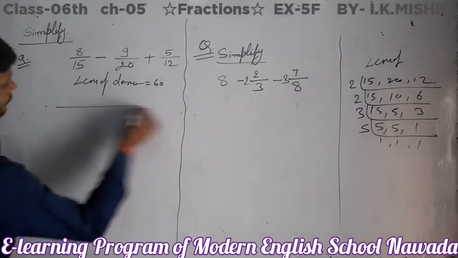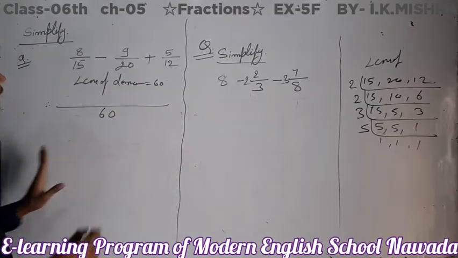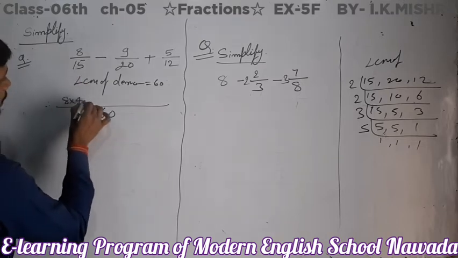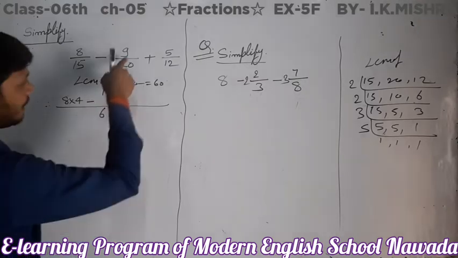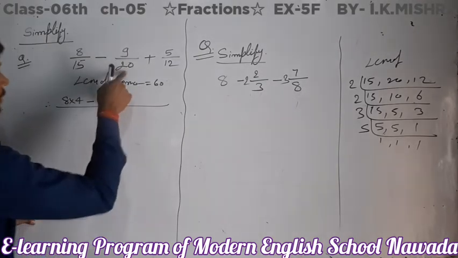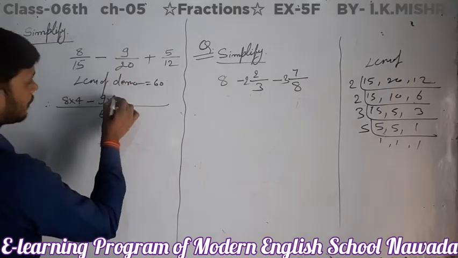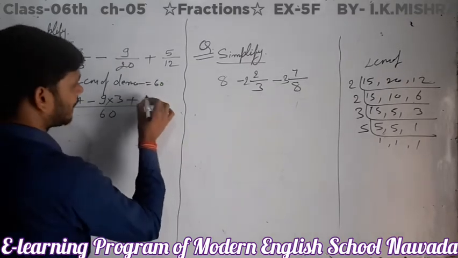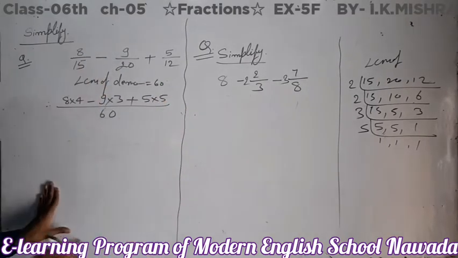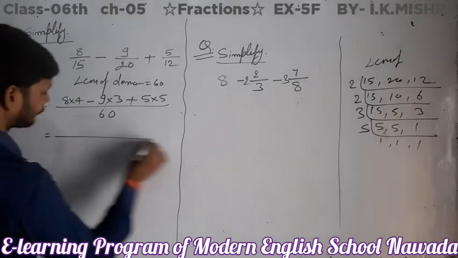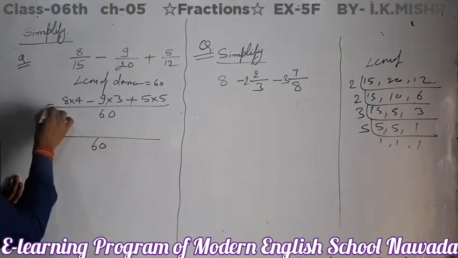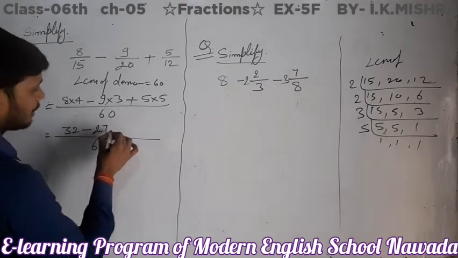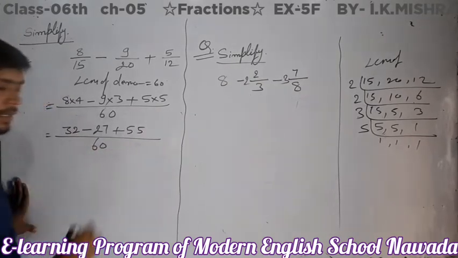So write 60 in the denominator and divide 60 by 15, 4 times, so 8 into 4, minus, as the minus sign is given, 9 into, when you divide 60 by 20, 3 times, plus, dividing 60 by 12, 5 times, so 5 into 5. After that, 32 minus 27 plus 55 by 60.